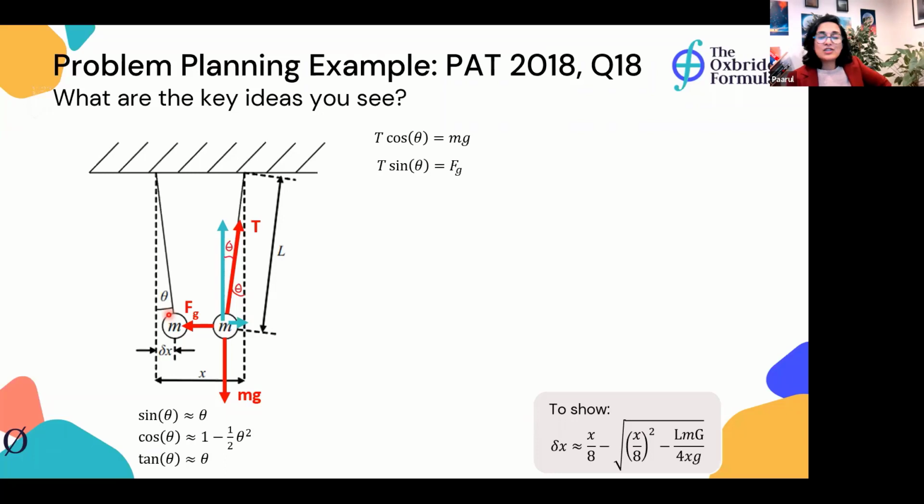Quickly put in the chat for me, guys: do you know what the gravitational force between two masses is? If so, put it in the chat, just so I get an idea of how many people have seen this before. If you haven't, just say no, that's absolutely fine. It gives us a good idea.